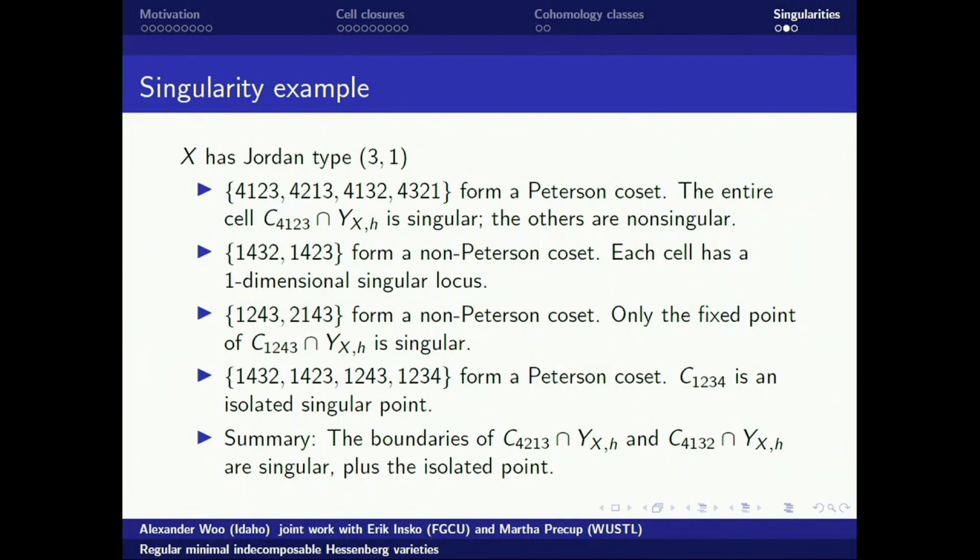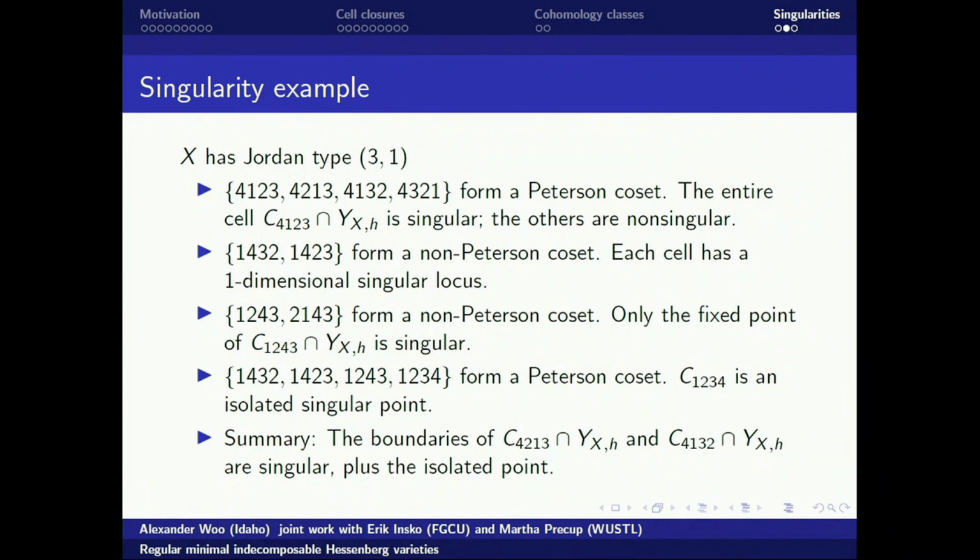So in the 1, 4, 3, 2 case, a Peterson coset is one where, let's take the minimal coset representative, and you multiply it by something to get all the other ones, right? So a Peterson coset is one where those permutations are all the permutations indexing cells of the Peterson variety. And those are the biggest ones.